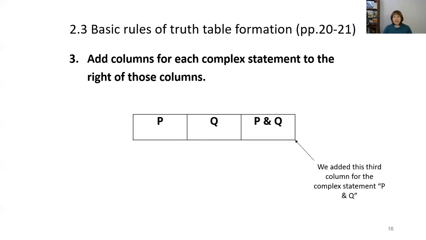One somewhat nice thing is that no matter how many columns we have in our truth table, we're always going to have some set number of rows, 4, 8, 16. And then filling in the values in the columns will just depend on the values we fill in the rows, on the simple statements, I mean. So we'll come back to that.